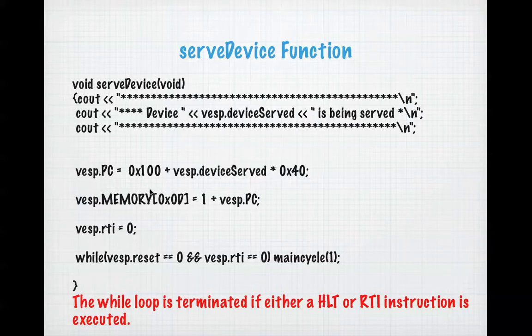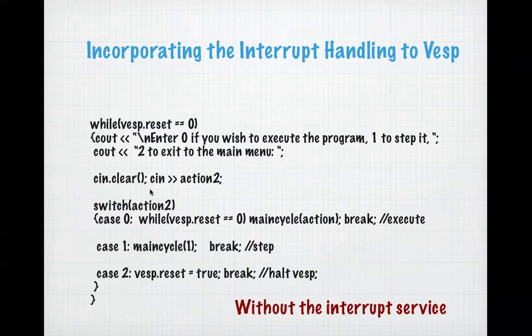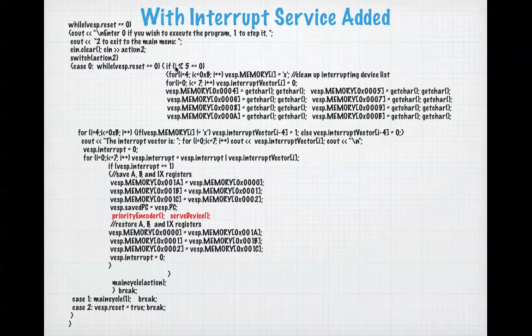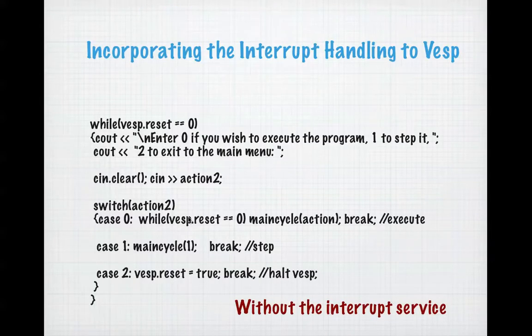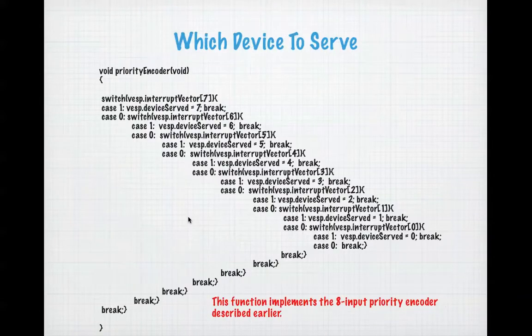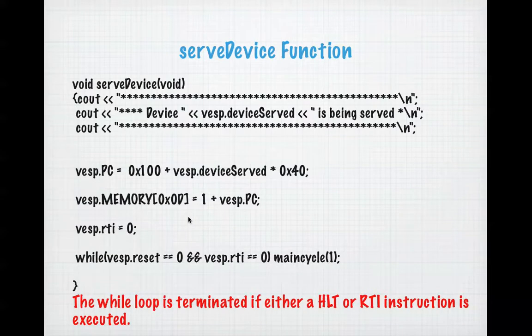So when we're actually diverging to execute some service, that service is picked up from that location, which is computed by the ID of the device served times 40 plus this hexadecimal 100.